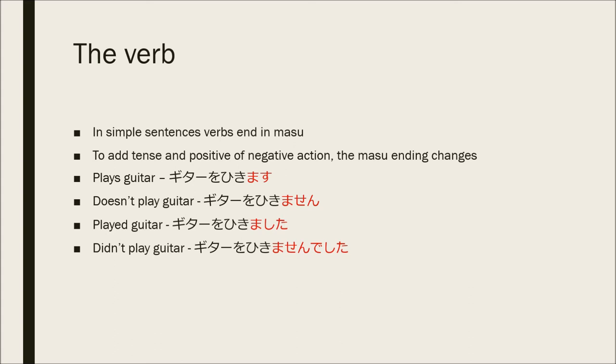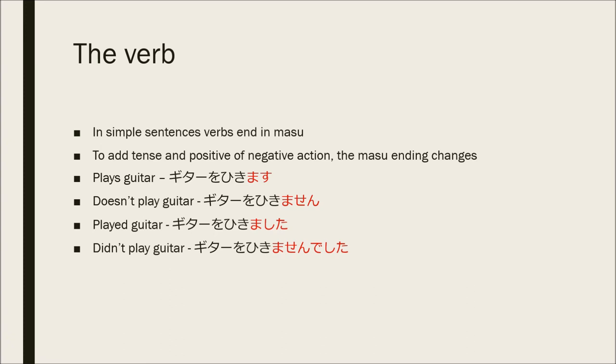So we need to have played. So we're going to change plays, which is guitar o hikimasu, to played, which is the third one down here, guitar o hikimashita. All right. Now, if he doesn't play guitar anymore because Jimmy's dead, guitar o hikimasen, which is a little dark, but we'll just go with that.